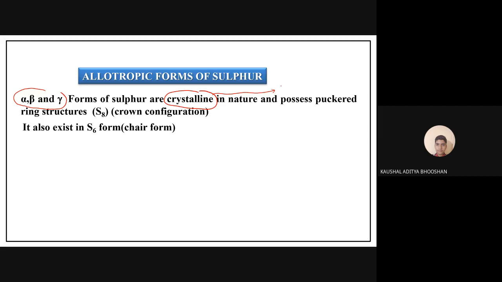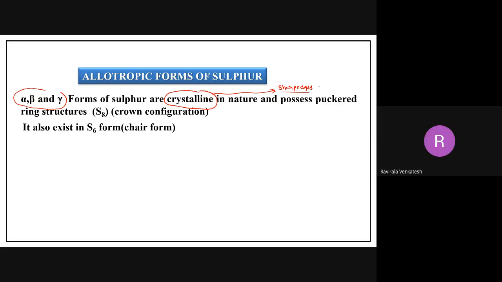So crystalline has a plane surface. Crystalline will have this type of surface. Generally, crystalline compounds will produce sharp edges. Crystalline has well-defined edges.